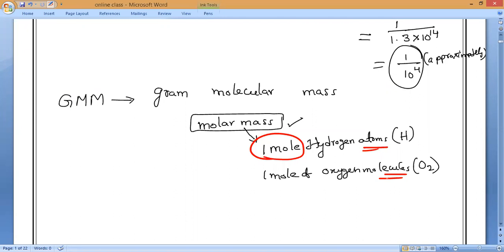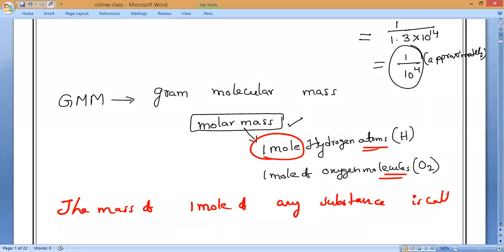Understand everyone? The mass of 1 mole of any substance is called molar mass. Clear, all of you?